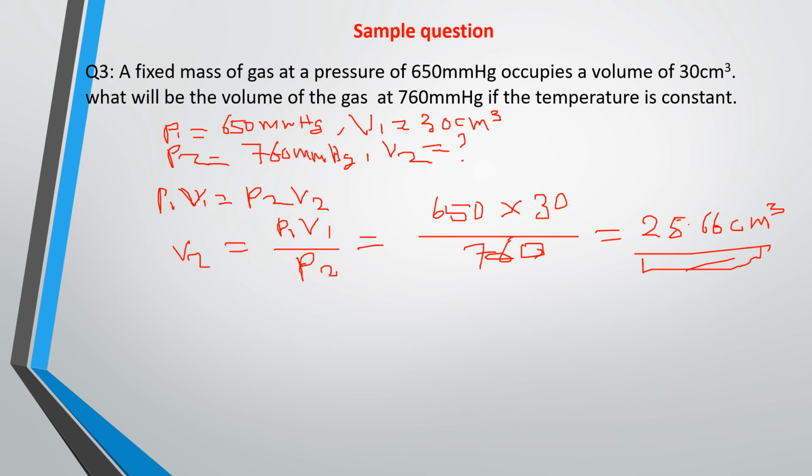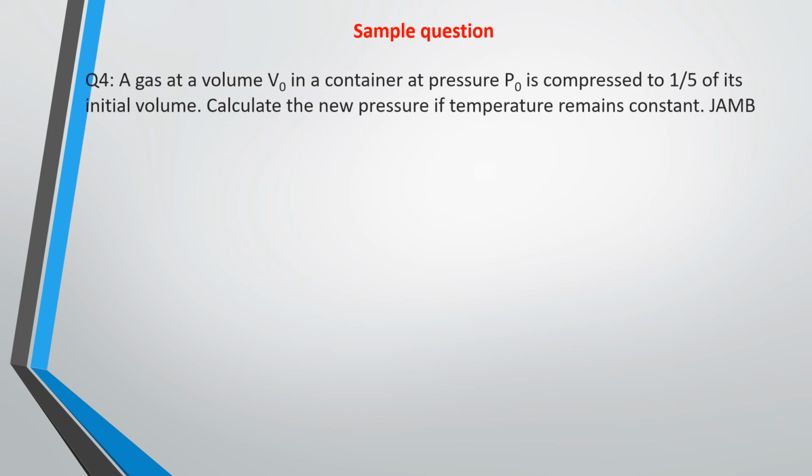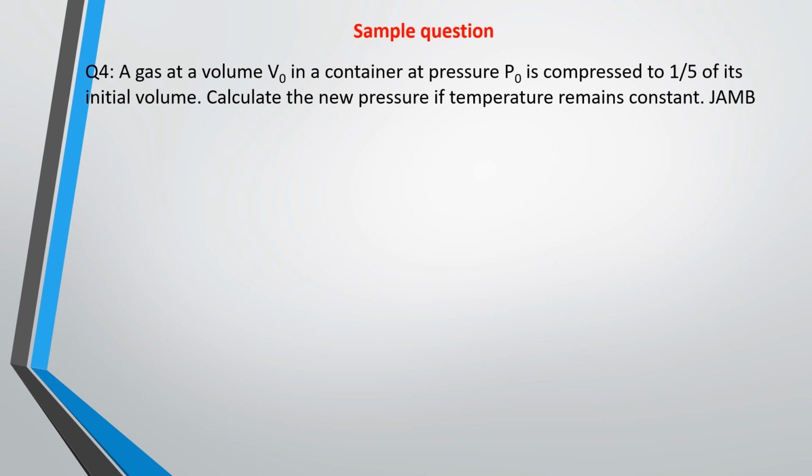Okay, so let's solve another problem still on this pressure. This one says that a gas at a volume V0, that is initial volume, in a container at pressure P0, initial pressure, is compressed to 1/5 of its initial volume. Calculate the new pressure if the temperature remains constant. This is a JAMB question.